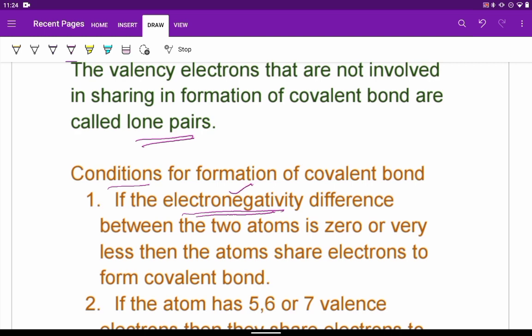The electronegativity difference between the two atoms should be very less, or 0 if both atoms belong to the same element, like H2, N2, Cl2. In that case, the atoms will share the electrons and covalent bond formation takes place.